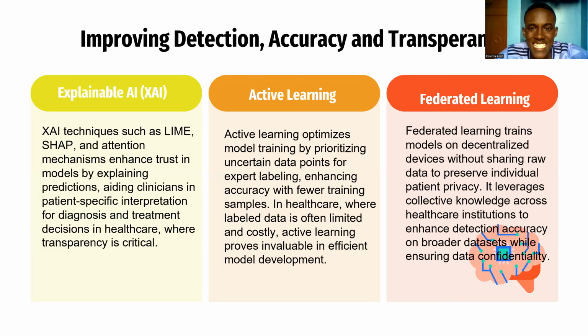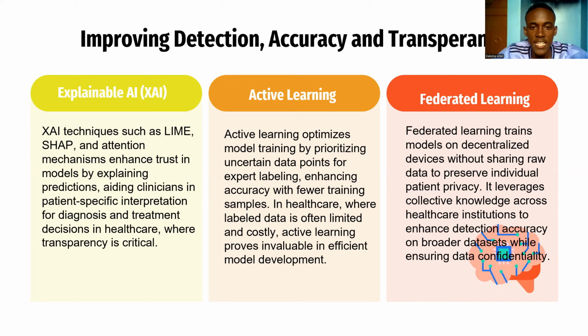Improving detection accuracy and transparency, since those are key values that we want to implement in our system. We use the following. There is explainable AI. These techniques, such as LIME and SHAP, enhance trust in models by explaining predictions and aiding clinicians in patient-specific interpretation.